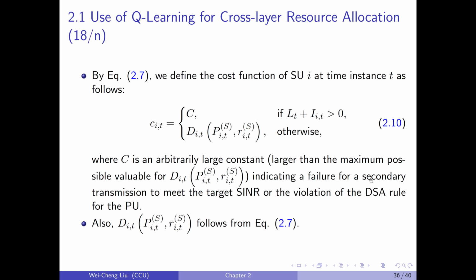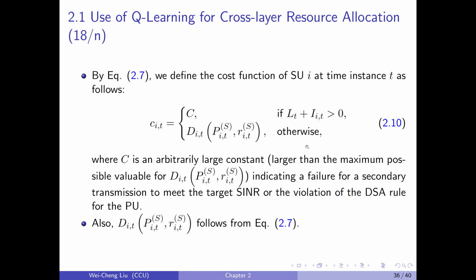Because the secondary transmission failed to meet the target SINR, it should have a greater cost than the second case.